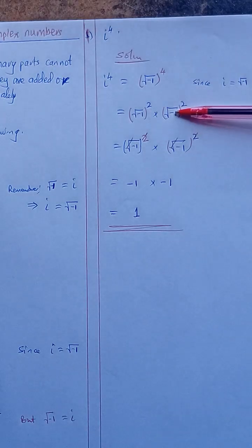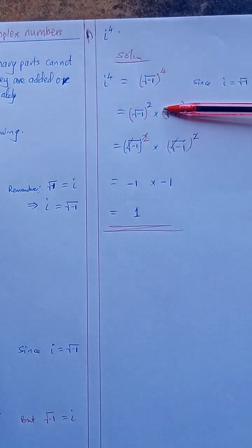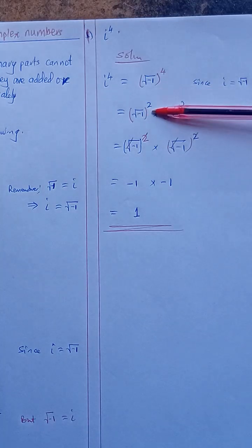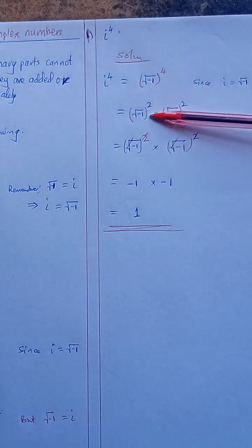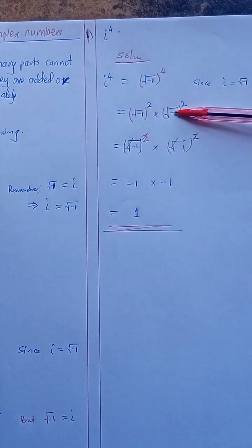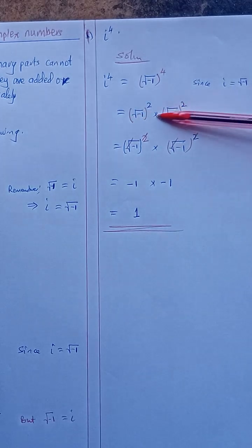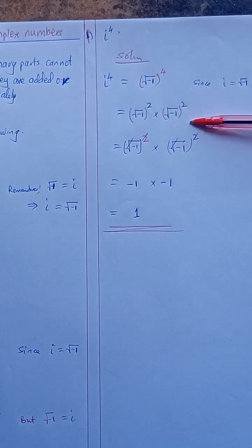We make sure each part has the power of 2 so that it can be easy for us to handle. Since power 4 can be power 2 times something to power 2, that is why we have expressed it like this. Since we know with powers, when we are multiplying numbers of the same base, we add the powers, so it will take us back there. So in our step here, we are very correct.